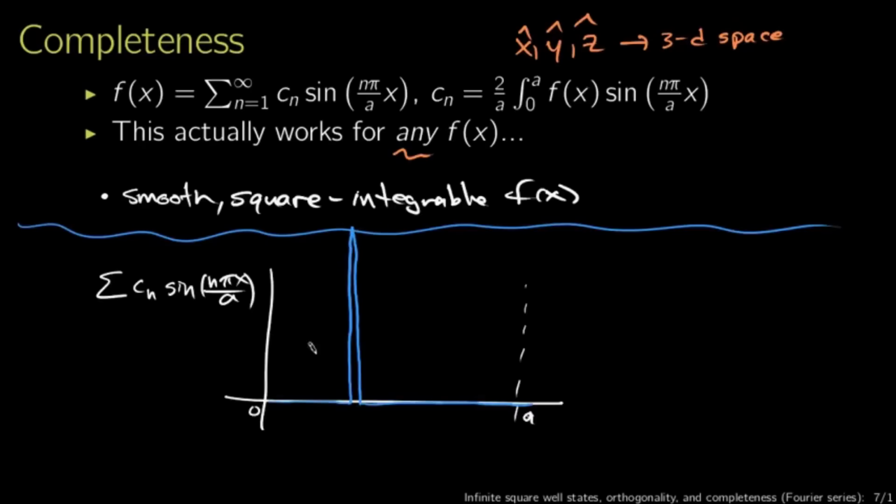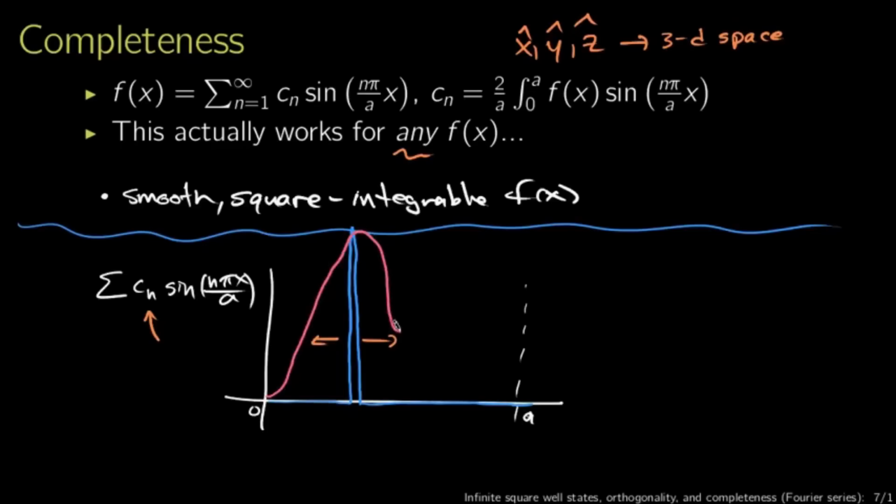And I can make these functions wherever I want by suitable choices of this Cn. So if I change Cn, I can change the position of this spike. And I can make this spike as sharp as I want, and as tall or as short as I want. And what that means is I can make whatever function you want.